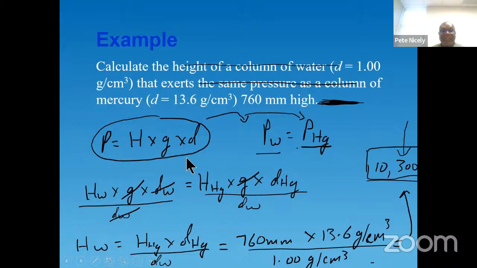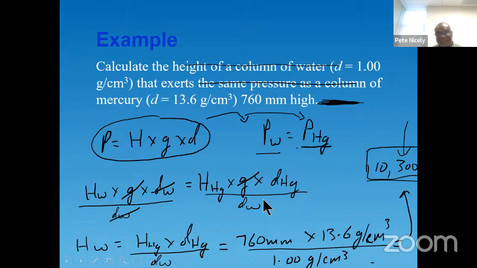And what I would do now is express these terms in terms of this equation right here. So for the pressure exerted by a column of water, that would be equal to the height of the water column times g times the density of water. And then for the mercury, that would be equal to the height of the mercury column times g times the density of mercury.